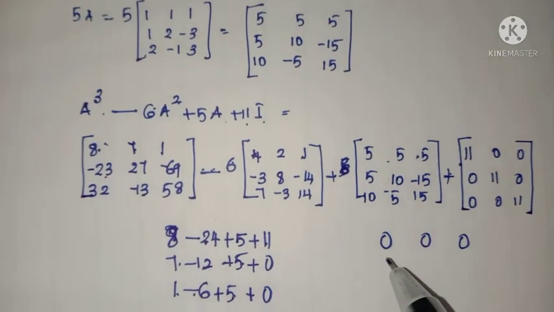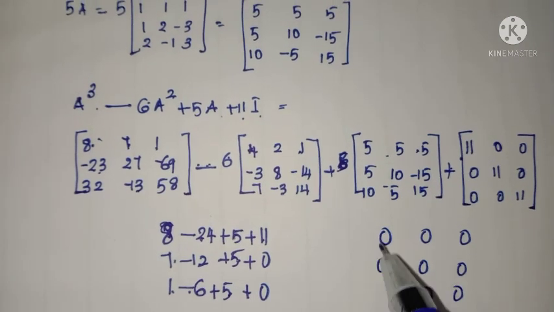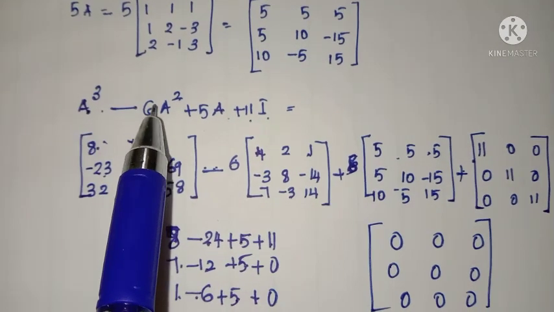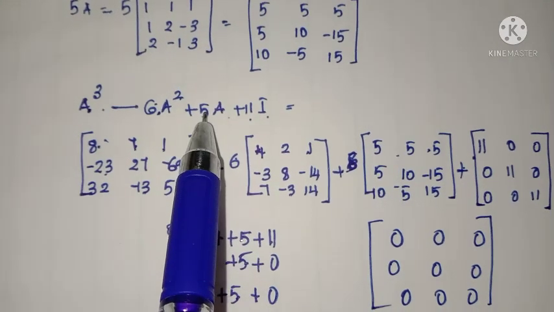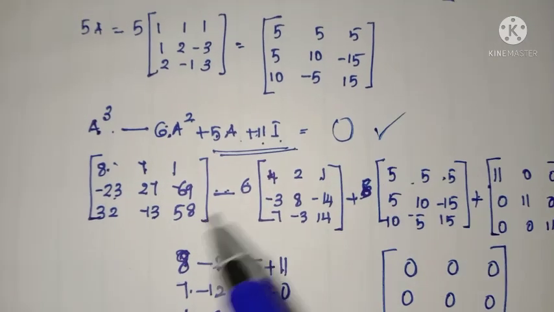Similarly, you can see all the entries are equal to 0. So the given matrix equation A cube minus 6A square plus 5A plus 11I is equal to 0. Hence proved.